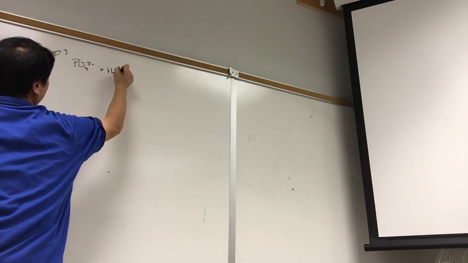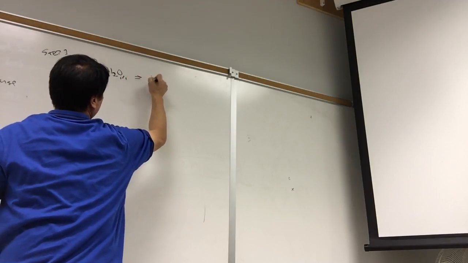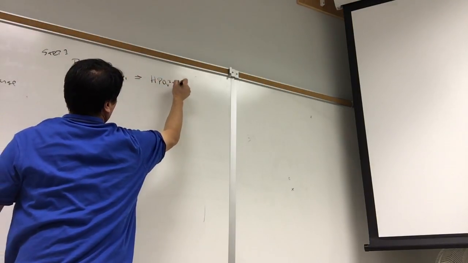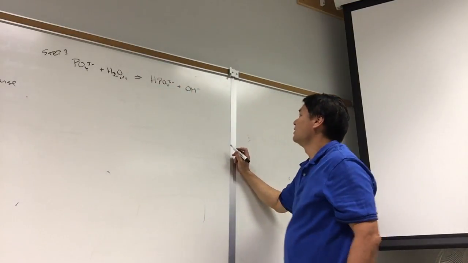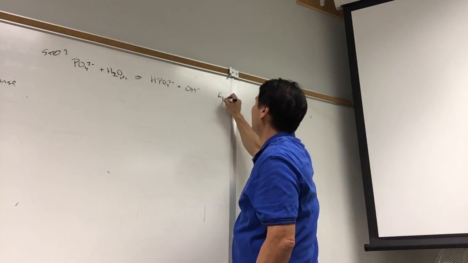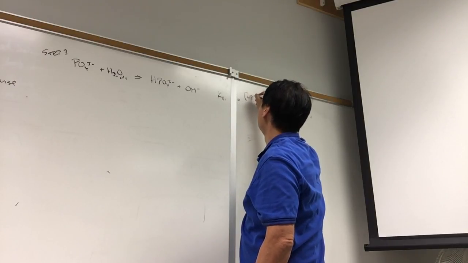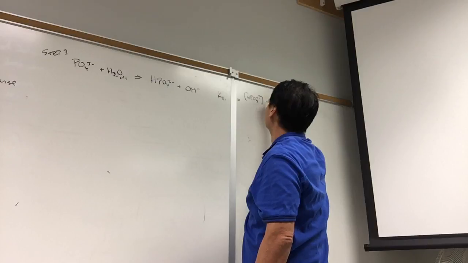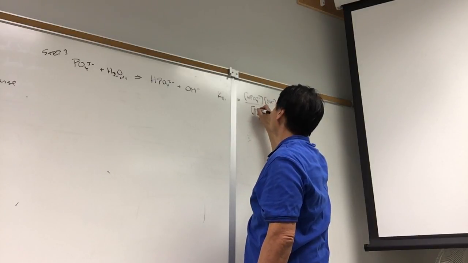Now, when we do water hydrolysis, we just do one proton at a time. So this is going to make monohydrogen phosphate plus hydroxide. We call this Kb1 for phosphate. And Kb1 for phosphate is going to equal the monohydrogen phosphate concentration times the hydroxide ion concentration divided by the phosphate ion concentration.